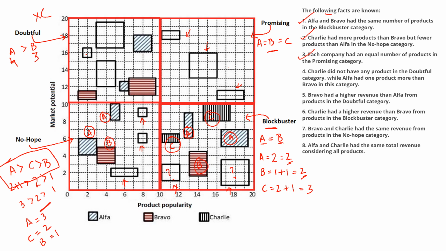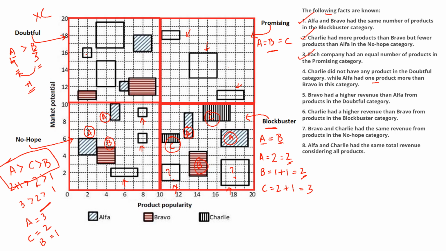That means the number of products of company A should be 4 and the number of products of company B should be 3. So we are satisfying the condition that Alpha had one product more than B.